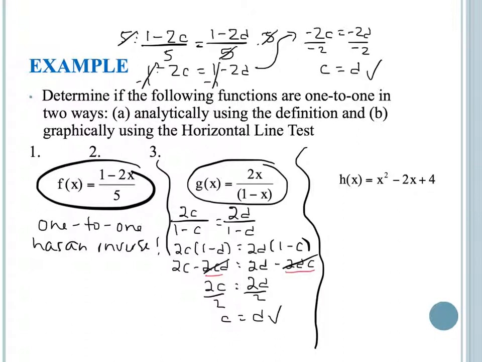h of x is a parabola, and the last parabola we looked at was not invertible. So let's see what happens here if I try to plug in c's and d's every place I have an x. I would have c squared minus 2c plus 4 equals d squared minus 2d plus 4.